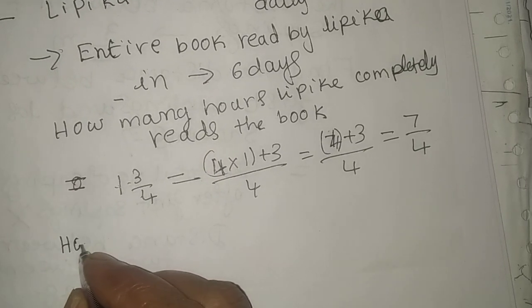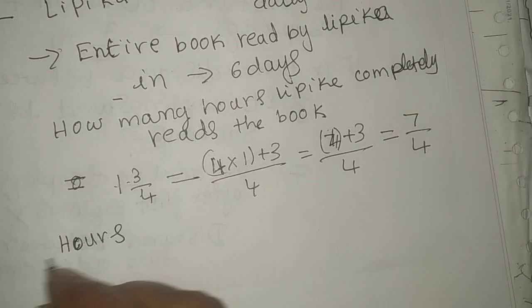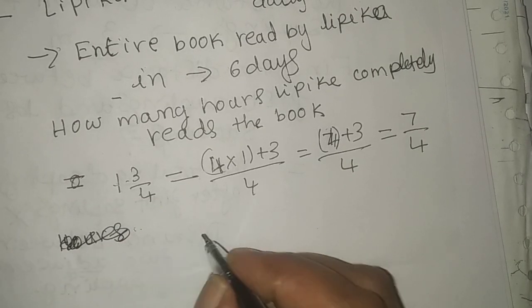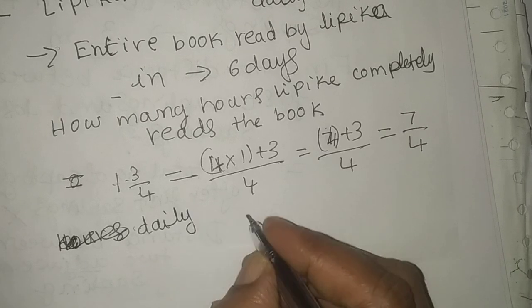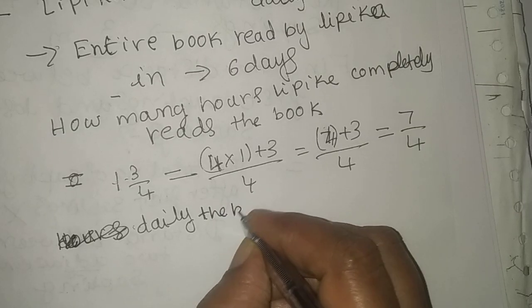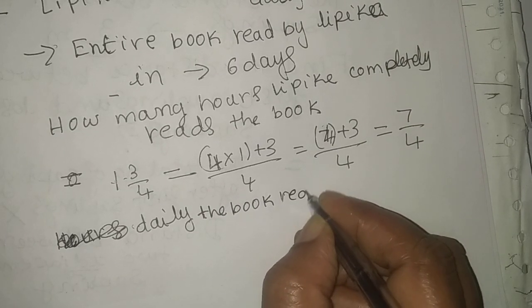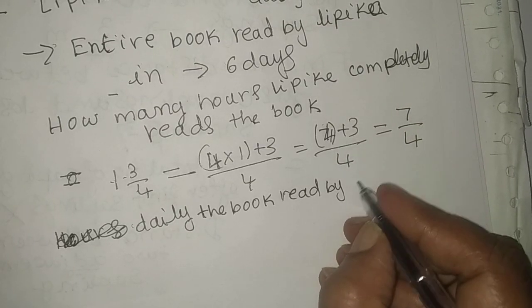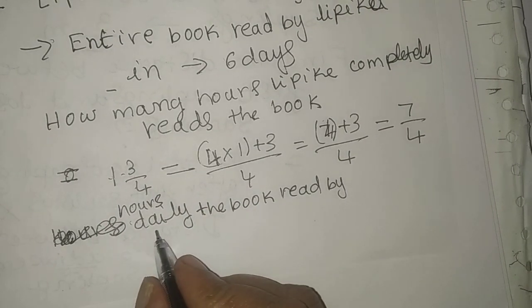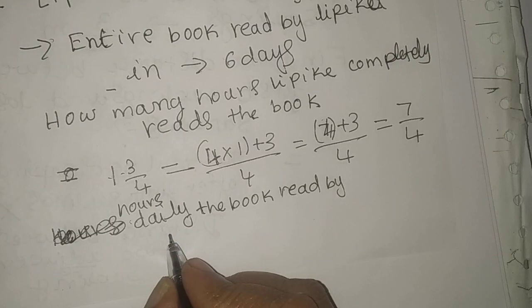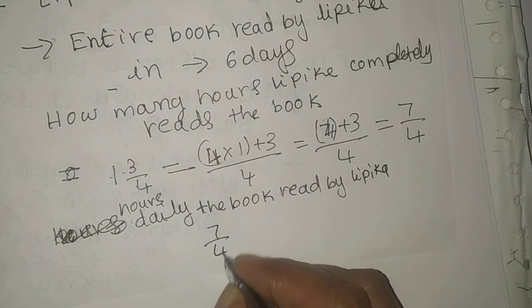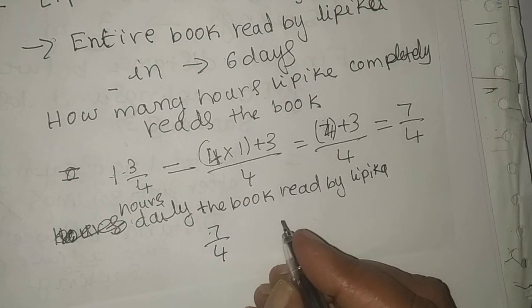Hours daily the book read by Fathima. That is how much? 7 by 4. We have converted into fraction.